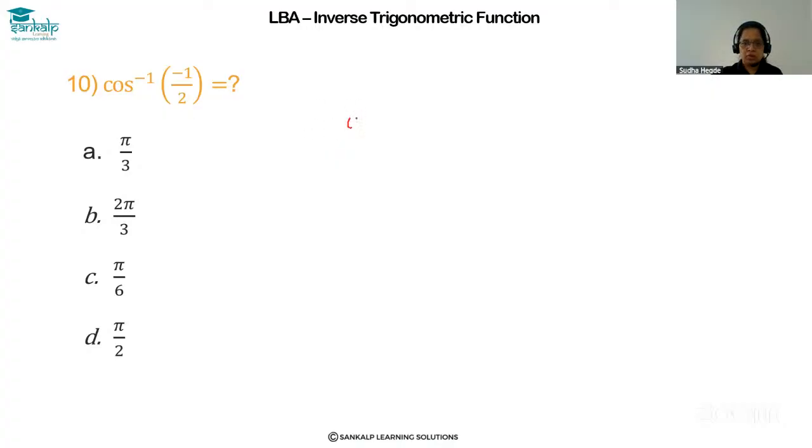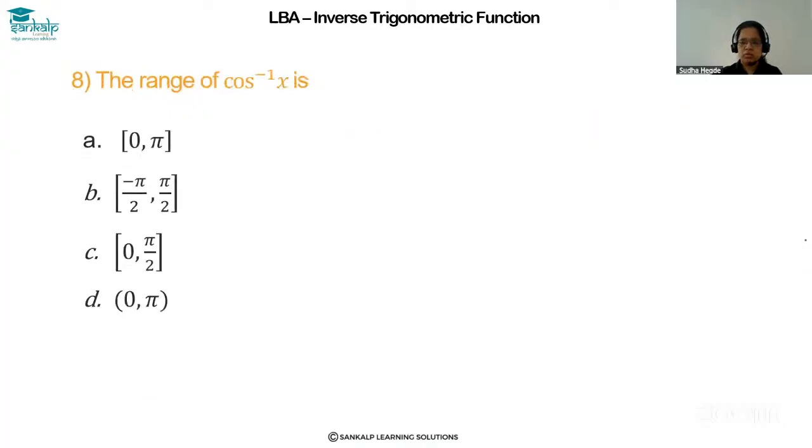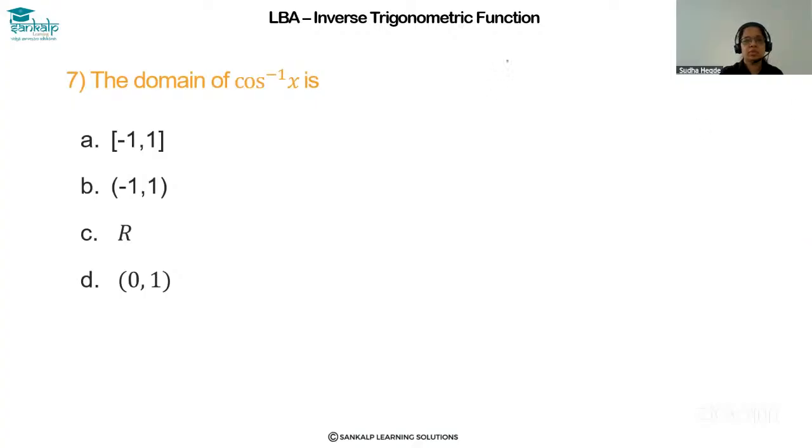So before calculating cos inverse minus 1 by 2, let us see what is cos inverse 1 by 2. That means for what value of cos x you are going to get the answer as 1 by 2.